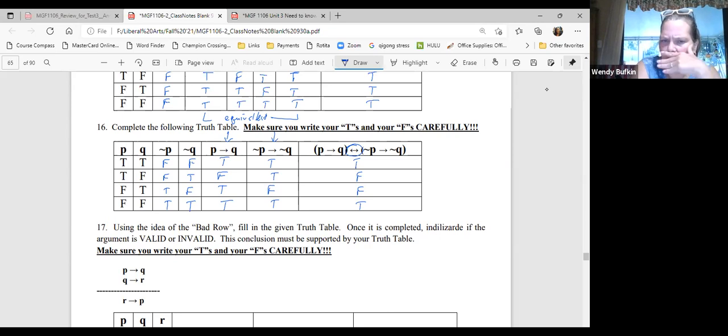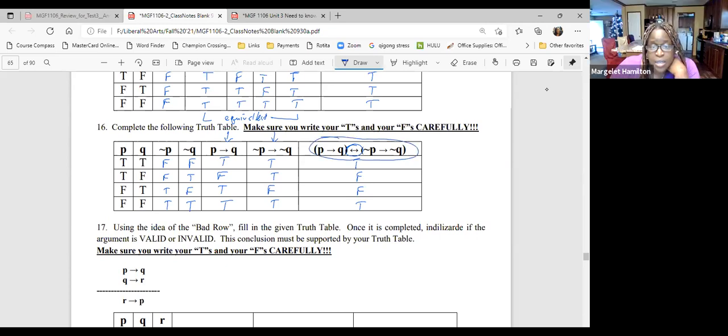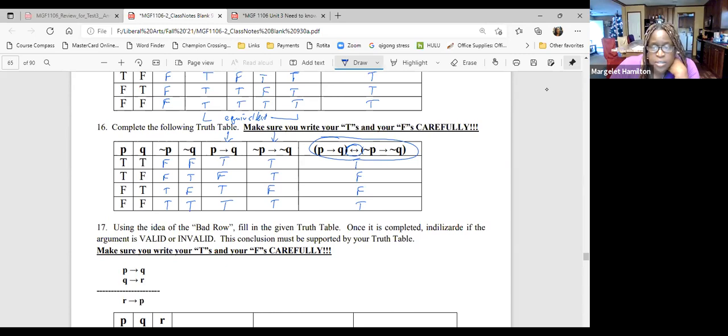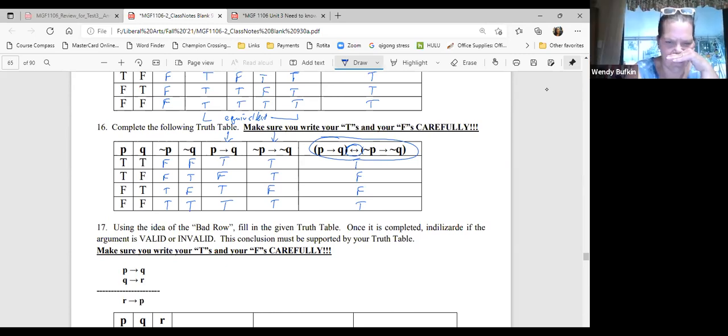Where are these coming from? And then the last statement, what does that mean? Yes, because it's an if and only if statement. So are if and only if statements considered conditional? Yes. Okay, all right, I get it then.